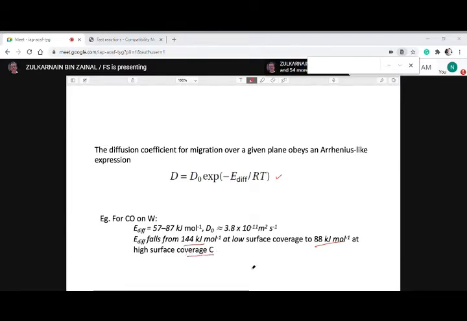So we have to also check this surface coverage in order to get a good surface diffusion of the reactants on the surface, so that the reaction can be of good rate for us to get the product.